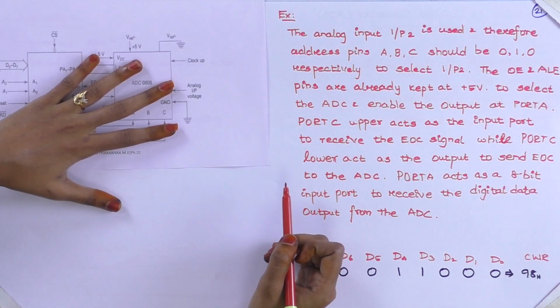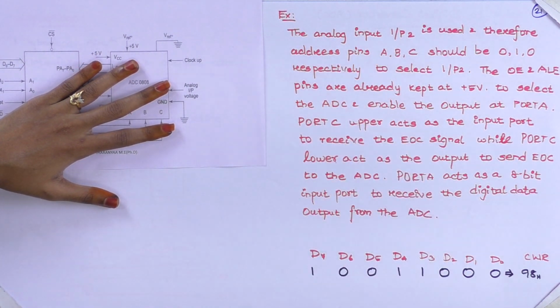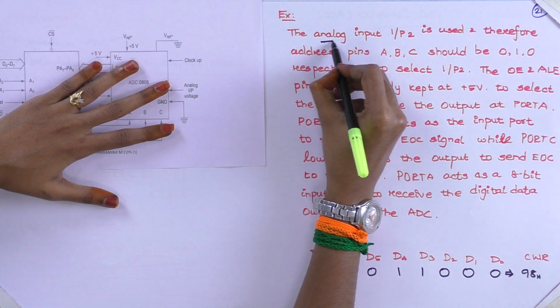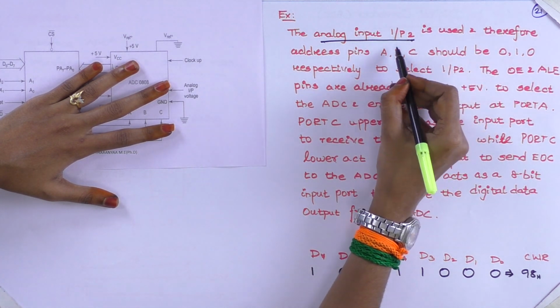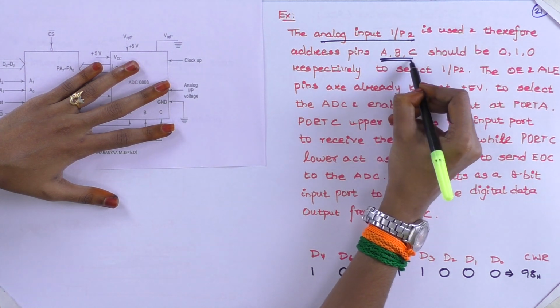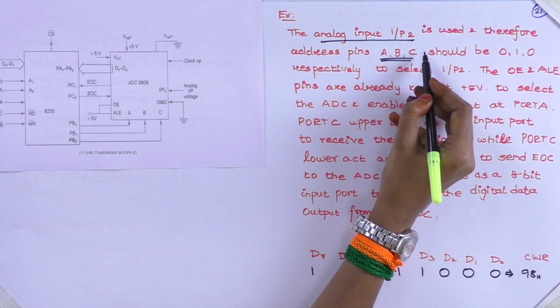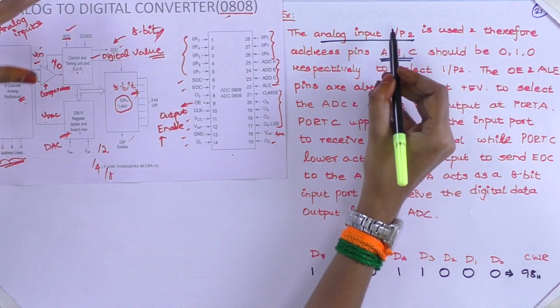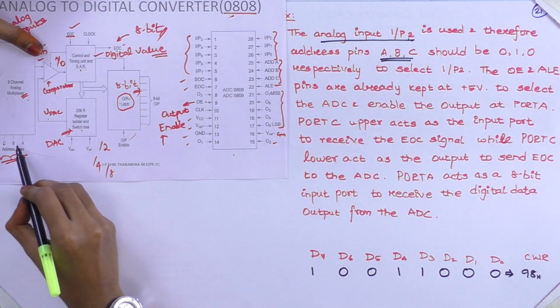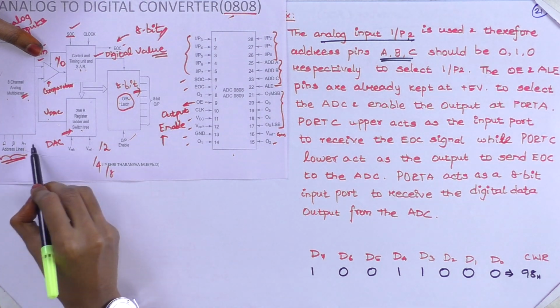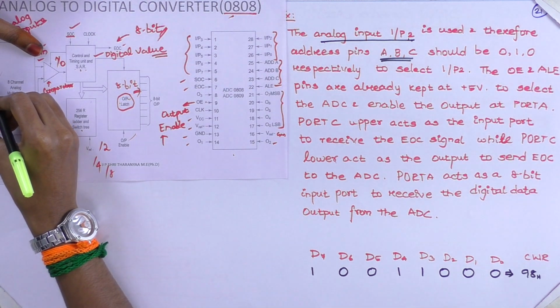They have taken an analog input IP2. So to select the IP2, the select lines ABC should be configured in such a way that IP2 will be selected.